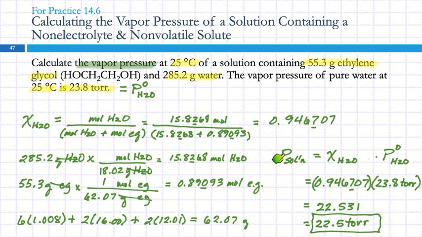The unit on this pressure will be the same as the unit on the other pressure that we used. Any questions? So it's the pressure of the solution, and then it's the mole fraction of the solvent times the pressure of the solvent? Yeah, it's the mole fraction of the solvent times the partial pressure of the solvent as a pure solvent.